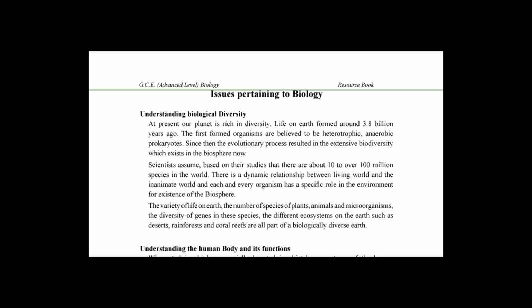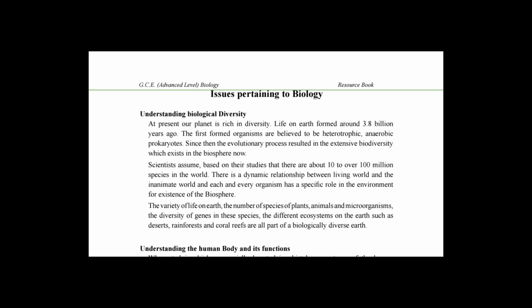First one is understanding biological diversity. So it's an issue. Understanding the biological diversity is a problem for us. So we have to find solution using biology. Understanding human body and its function. Okay, that's also important. Sustainable use and management of natural resources and environment. That's the third thing.